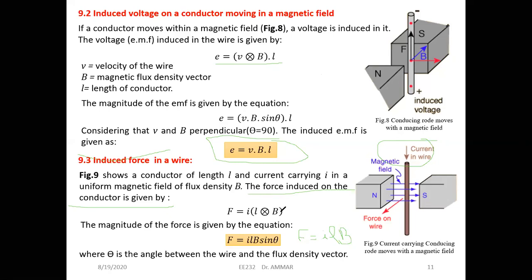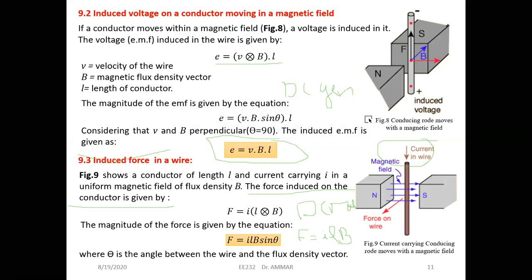The previous case, if we have a conductor within a magnetic field and this conductor is moving, a voltage will be generated in this conductor. So this is generally used for DC generator, and this one for DC motor. And the first one is for AC machines in general.